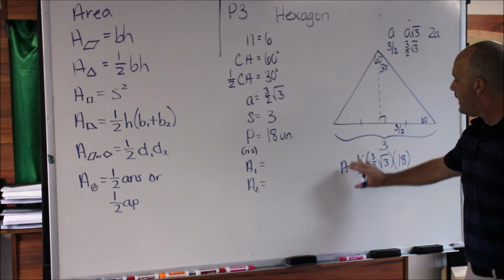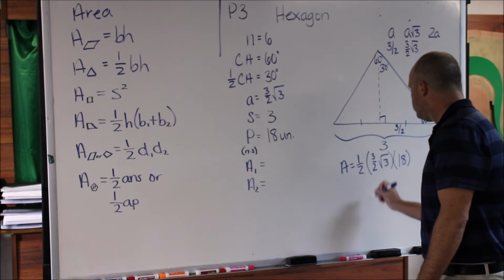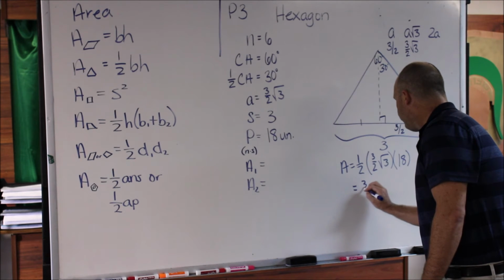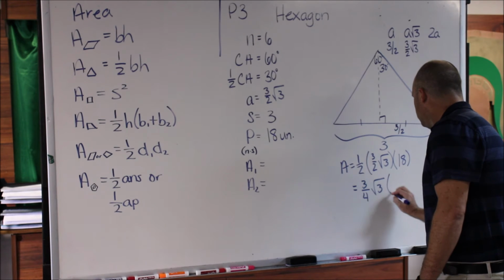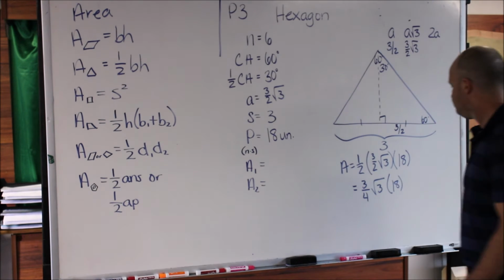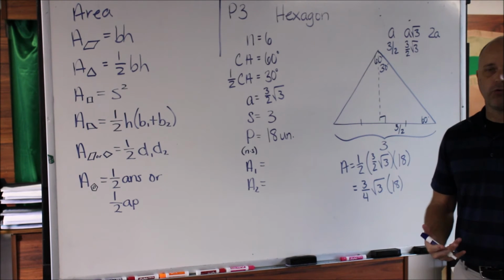So now let's go ahead and take care of these fractions first. 1 times 3 is 3, 2 times 2 is 4. So we get 3/4 square root of 3 times 18. Now, what I'm going to do is 3/4 times 18. Is there anything that I can do in order to cross reduce?